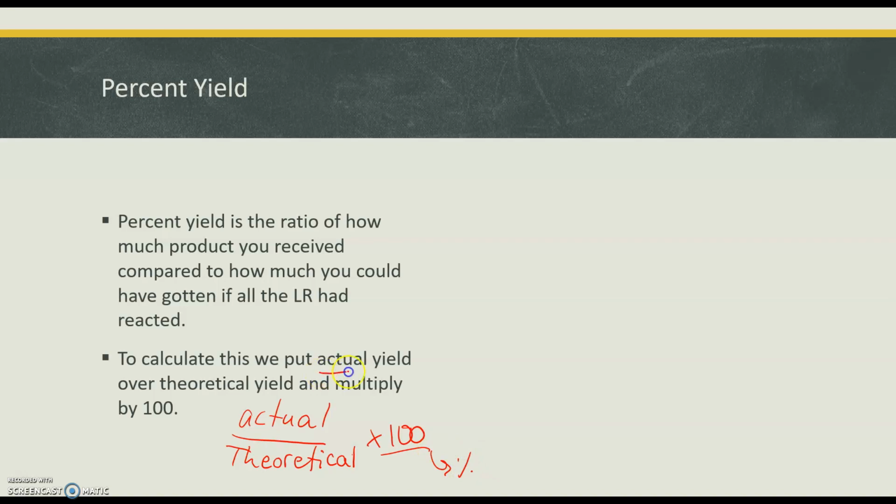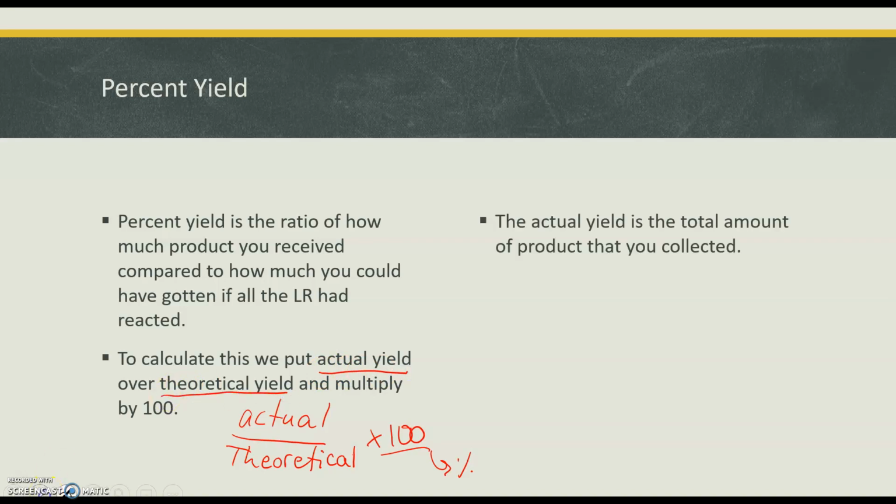Now, what on earth is actual yield and what is theoretical yield? Our actual yield is the total amount that was collected. So if we ran the experiment and had a balloon to catch all of our water, then the actual yield is how much water we collected in that balloon.